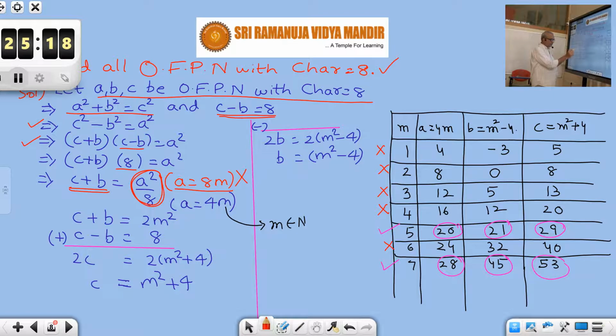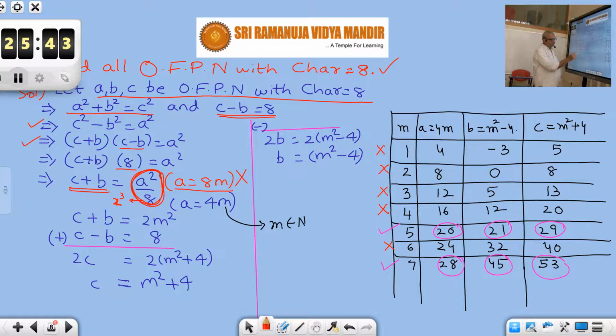In A square, what is 8? 8 is equal to 2 cube. For A square by 8 to be a positive integer, not a fraction, A square should contain 2 cube. So A need not contain 2 cube; if it contains 2 square, it is enough.